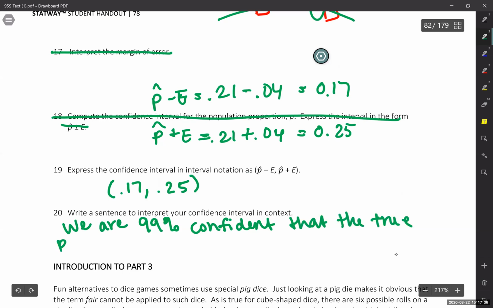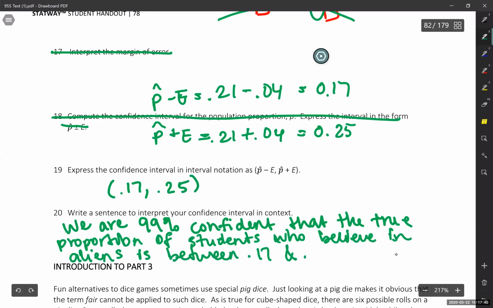Now we don't need to write units here because the proportion is the decimal representation of the percent. So it's like saying 17% to 25%. And proportion questions are answered with decimals, so we don't write it with the percent, but that's why we don't need units, because it's just a decimal representation of that percentage. So we're saying between 17 and 25% of college students believe that aliens have been monitoring the Earth for years.